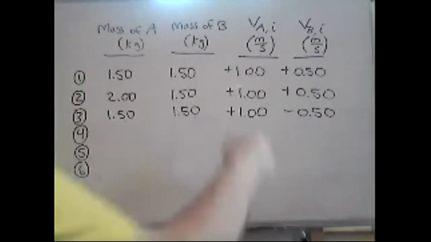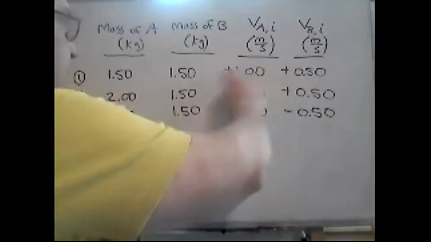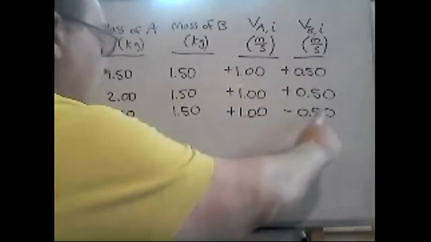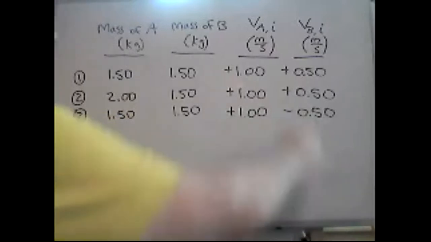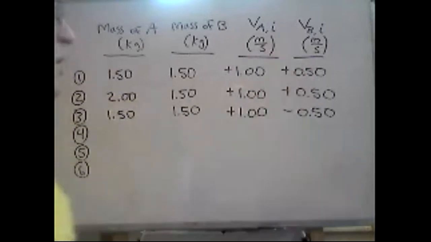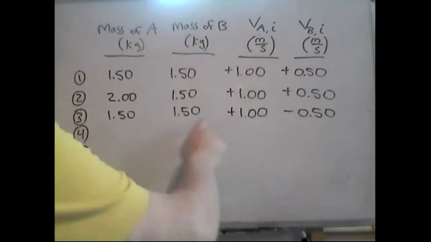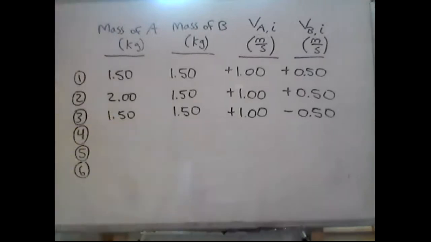So the momentum of B would be positive 0.75 kilograms meters per second here, but negative right here. All right, so again, for this one, 1.5 times 0.5 is positive 0.75. Again, 1.5 times negative 0.5 is negative 0.75. Again, very important to keep track of the signs. If you don't do that, you're going to get this lab wrong.